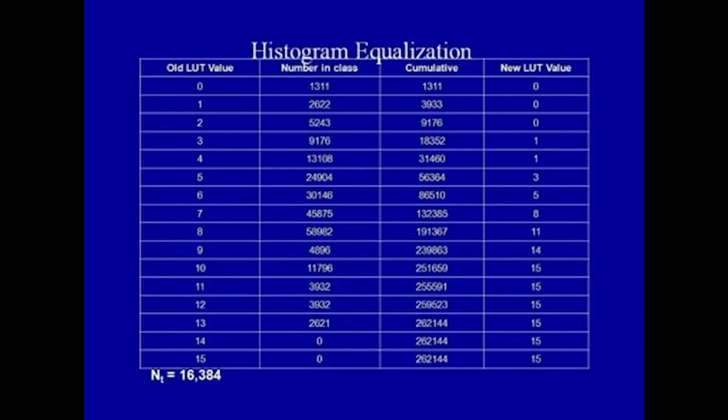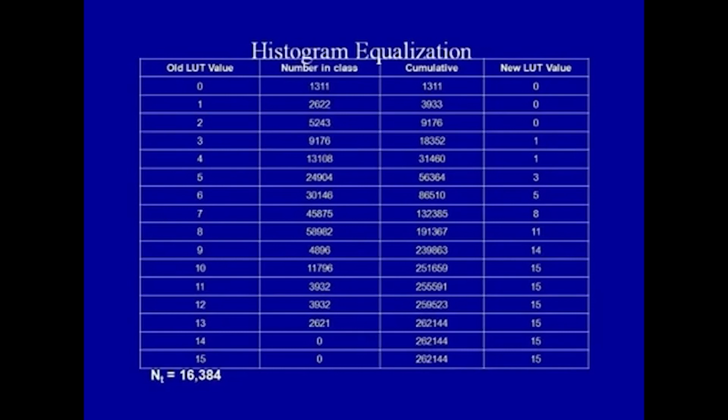It is all dependent on the number of points present up to a particular brightness level, which helps us in reassigning. So, we are trying to redistribute the information across the image. Interestingly, beyond brightness level 10 in the original image, all have been assigned the maximum value of 15 in the 4-bit brightness scale that we have adopted.